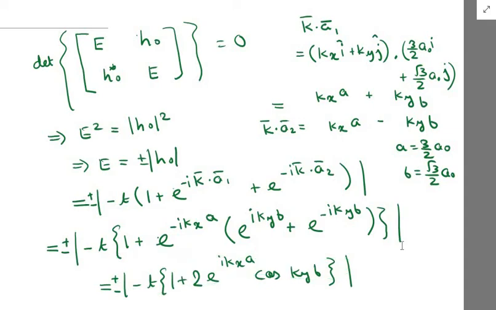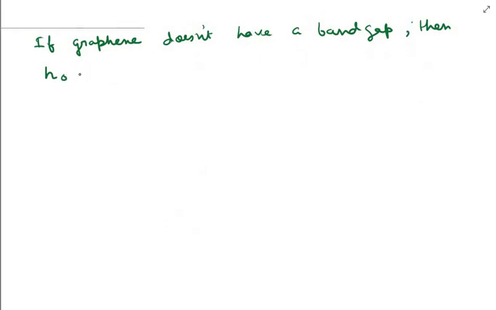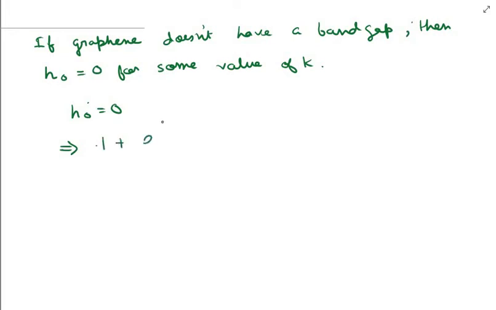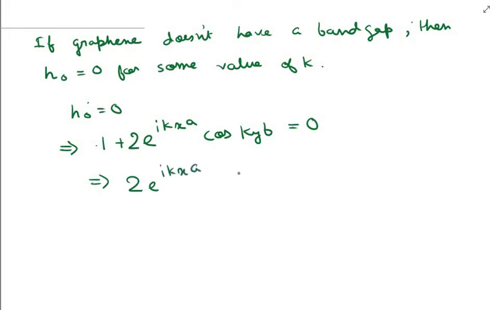So H0 should be equal to 0 for some value of k, and let us see if that is the case. H0 equal to 0 implies that 1 plus e to the power I kxa times 2 cos kyb should be equal to 0, which means that 2 e to the power I kxa cos kyb should be equal to minus 1.